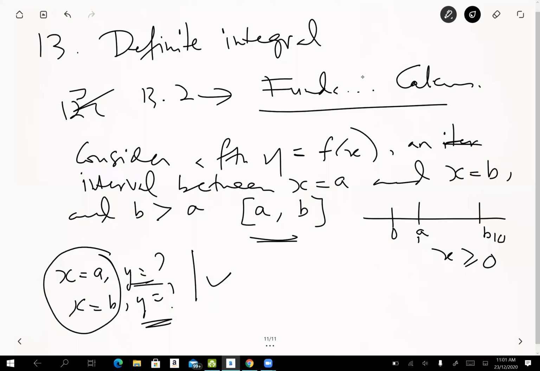Then the definite integral, let's call it F. So F is equal to the integral of f of x dx.